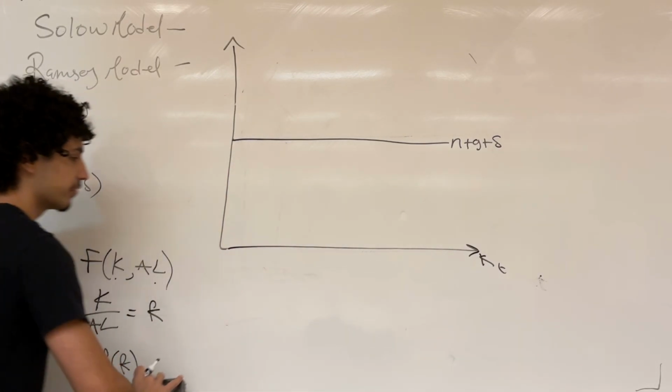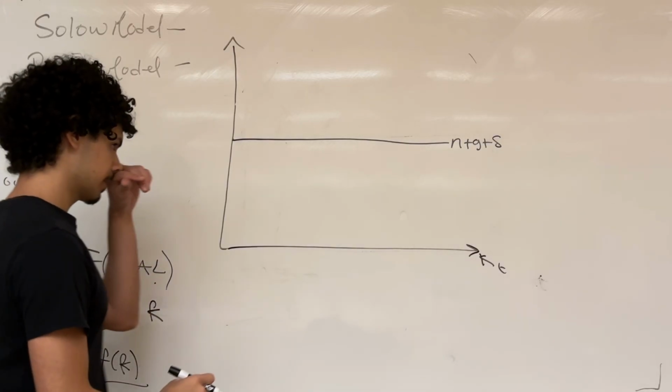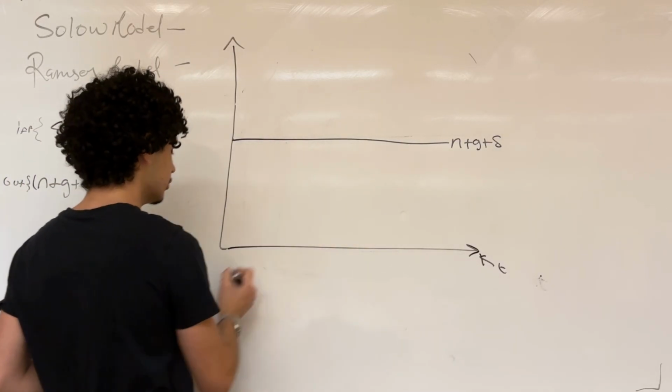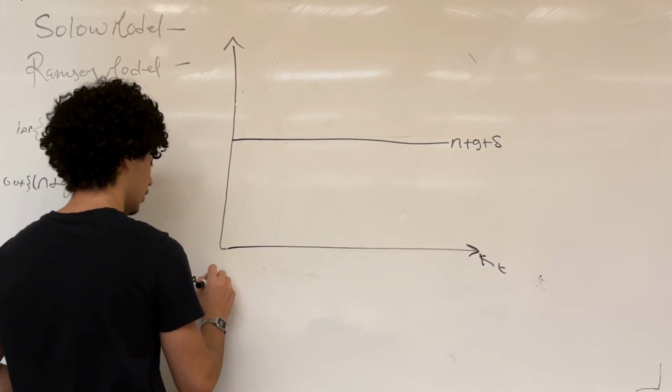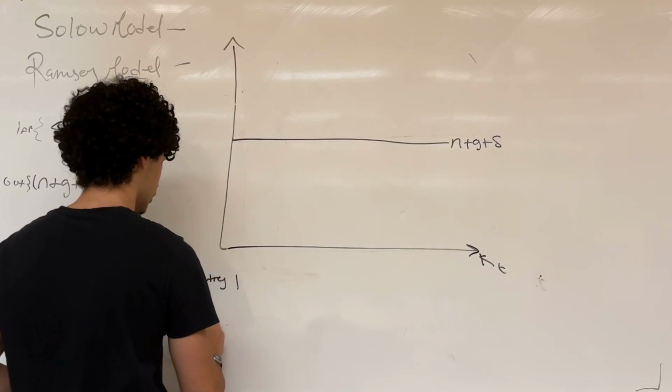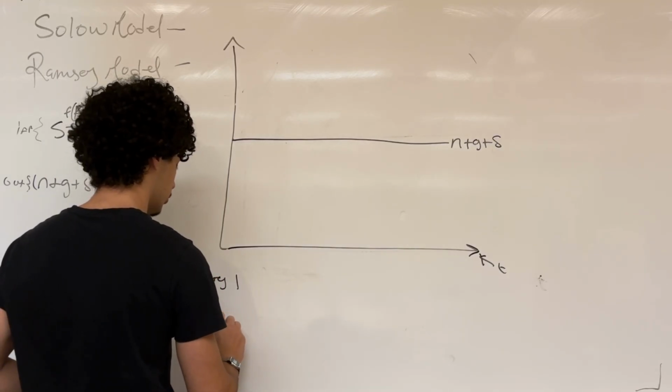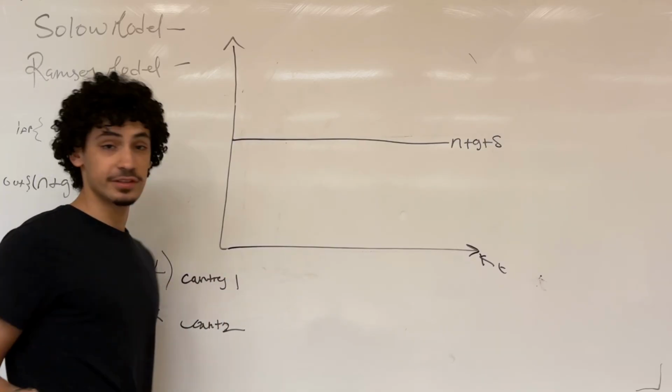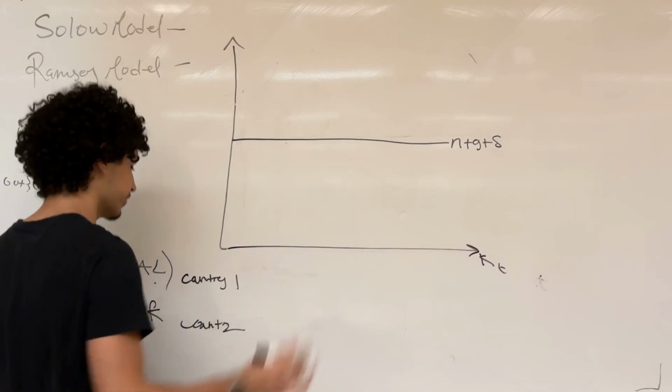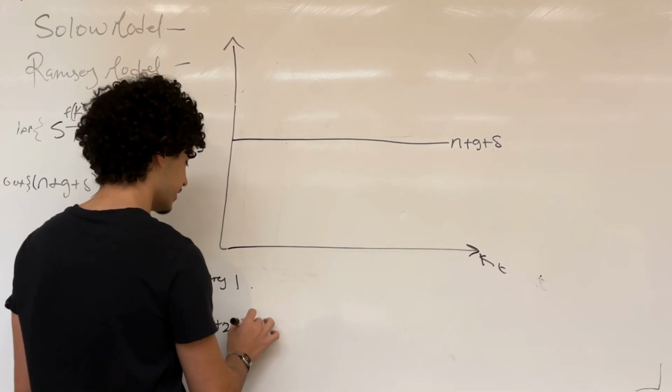But let's just start there for simpler reasons. So let's assume country 1 and country 2 have different savings rates. So let's just give a random number to the savings rate.